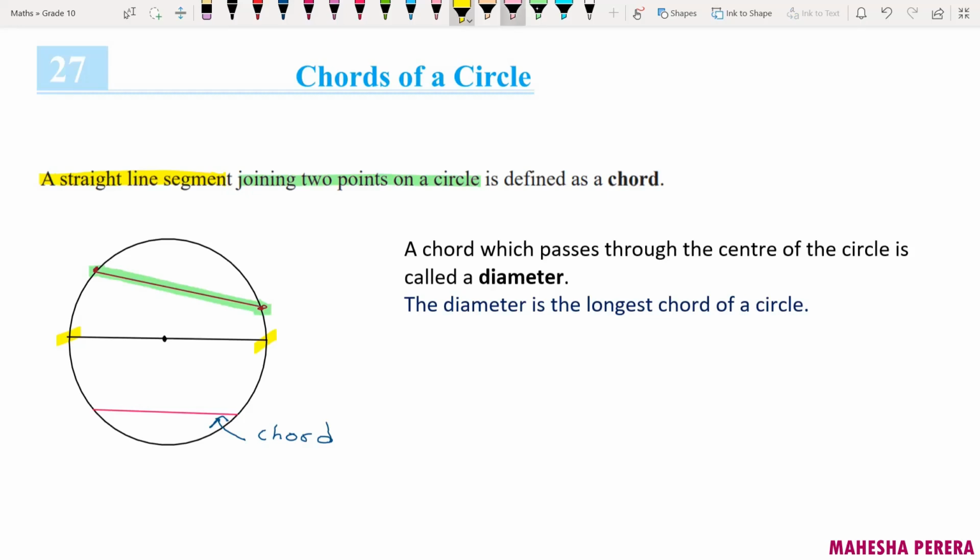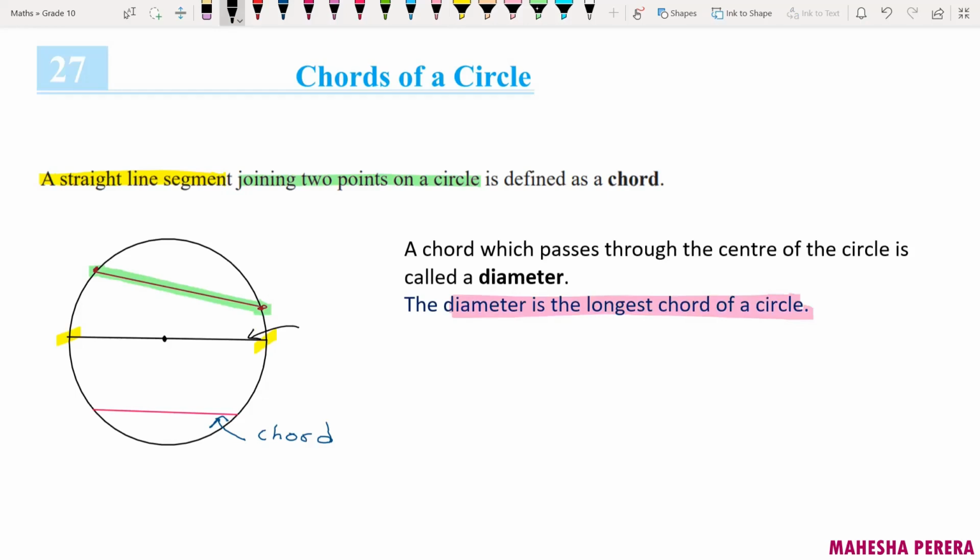And more importantly, remember, the diameter is the longest chord of a circle. So all these lines are chords. Particularly, the diameter is also a chord and it is the longest chord.